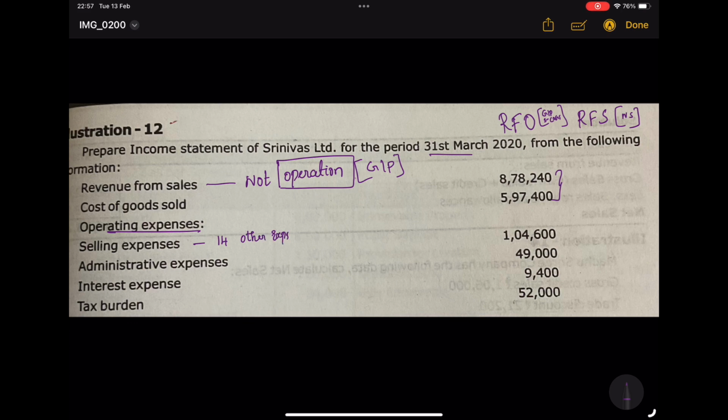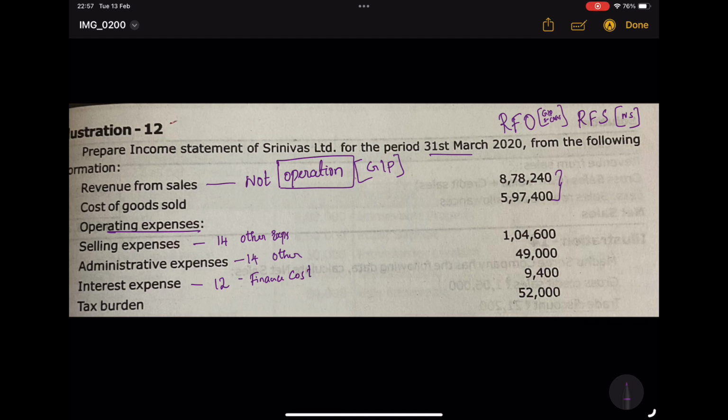Administrative expenses are also written under note 14, other expenses. Interest expenses, interest on debentures, interest on bonds, any interest given on the expenses side, we have to write in finance cost, that is note 12, finance cost.